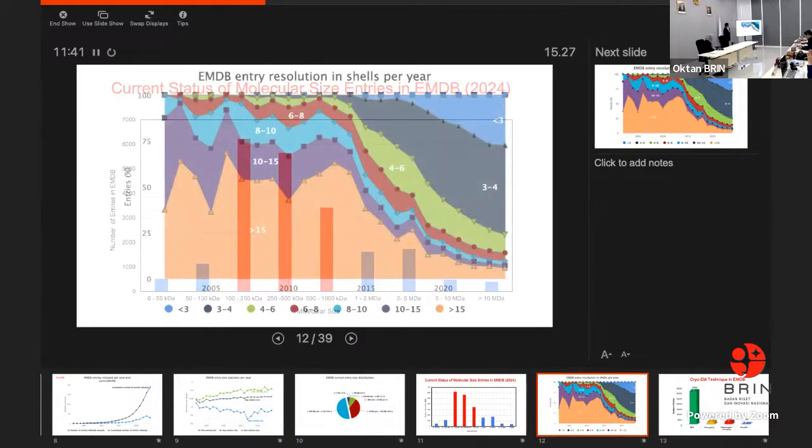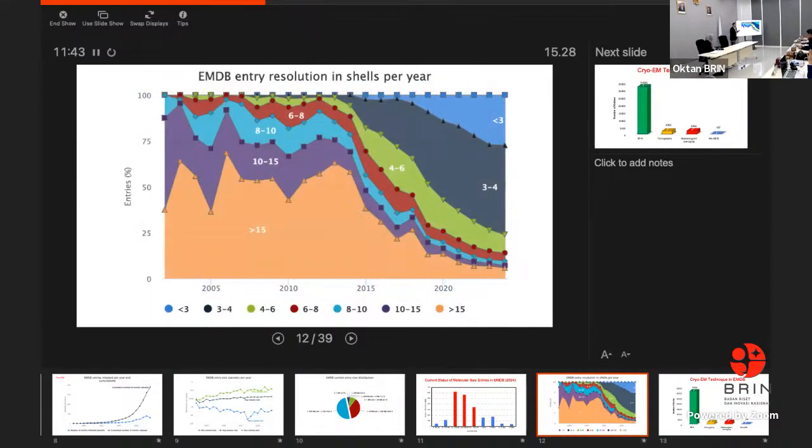Next, this is the resolution distribution in EMDB. As we can see from 2005, mostly higher than 15 Angstrom, and very few under 3 Angstrom. But now the composition is different. The resolution below 3 Angstrom has a higher share, followed by 3 until 4 Angstrom.